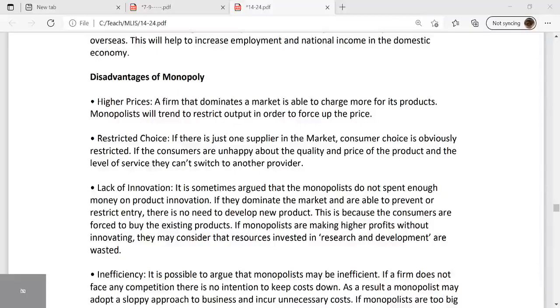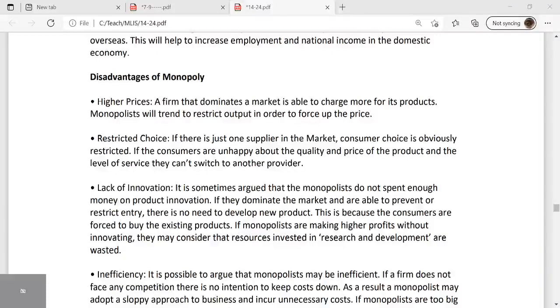Then restricted choice. As there is no competition, the monopolist won't have much urge to come up with variety, because the customer does not have much option to switch, right? So they may restrict choice.